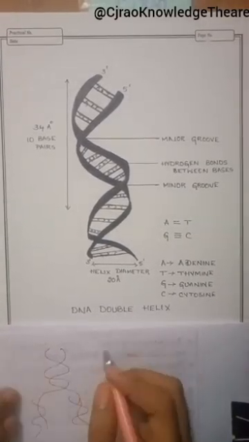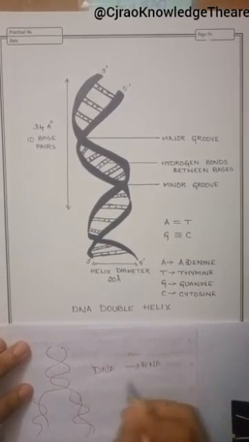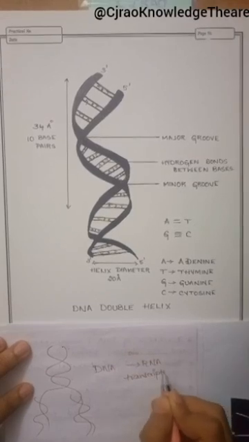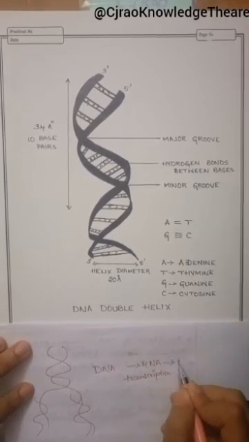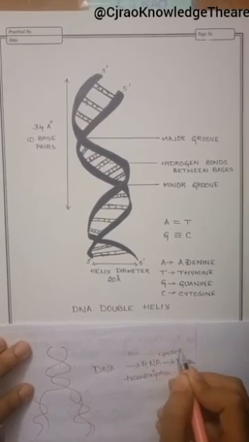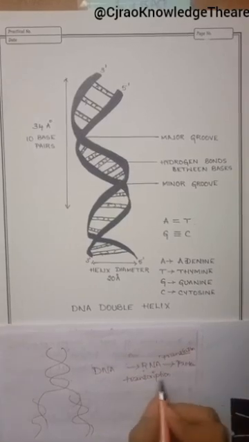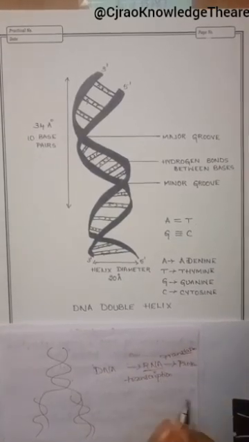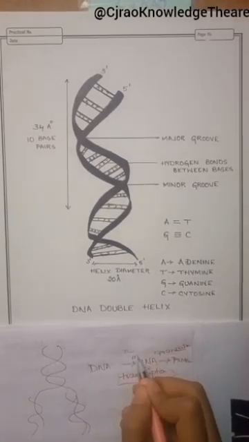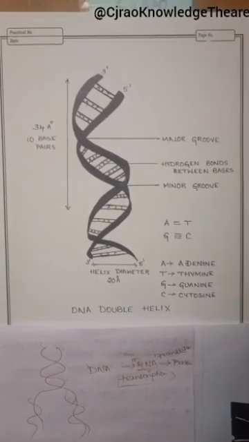Then from DNA to RNA, it is called transcription. From RNA to protein, it is called translation. Formation of protein from the RNA is called translation. Formation of RNA from DNA is called transcription. Here mainly the mRNA forms.